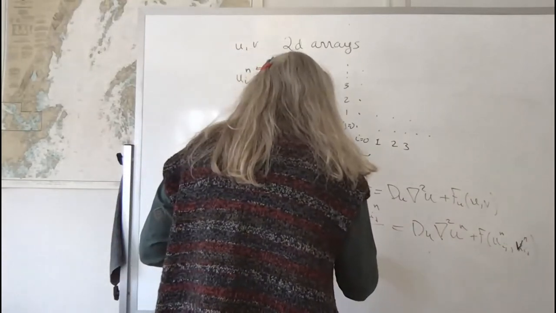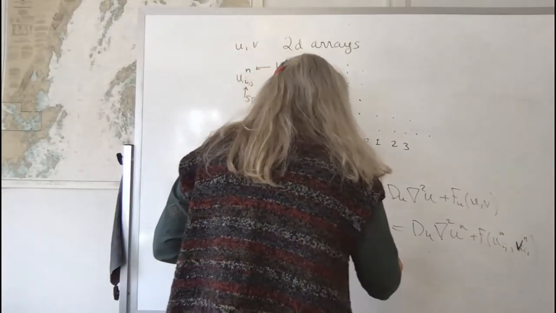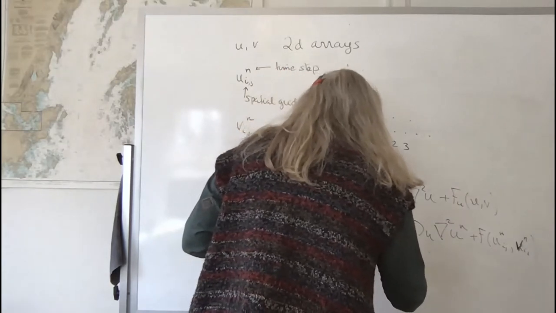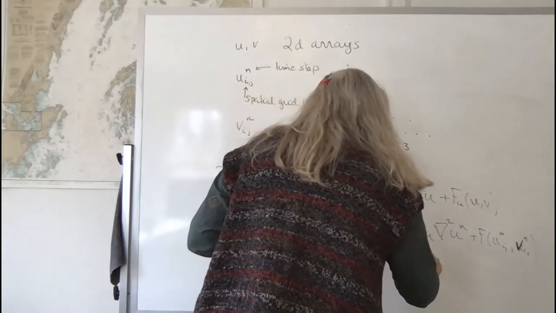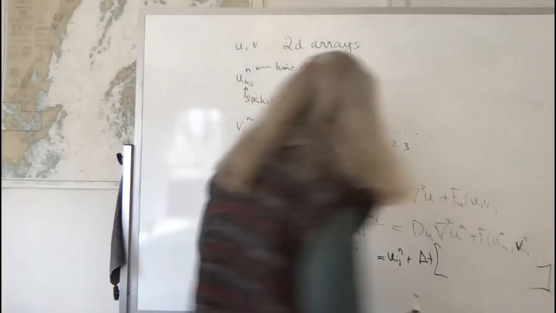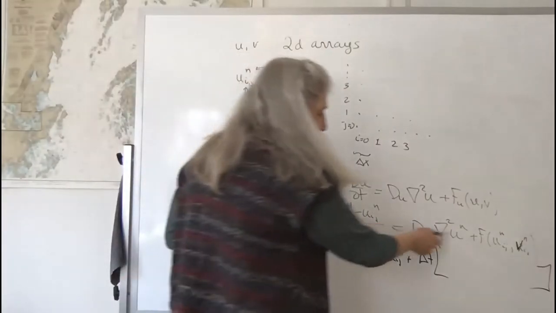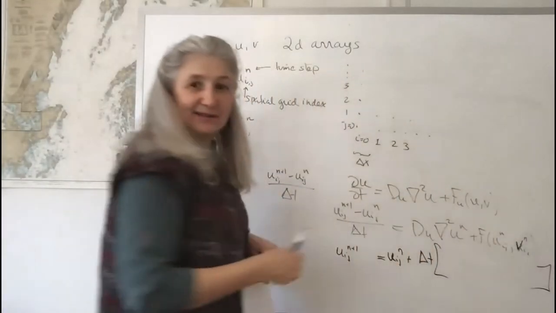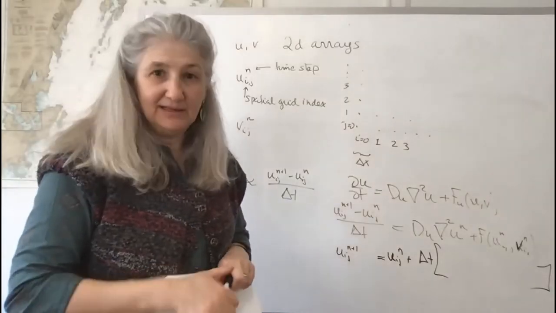So u_ij of n plus 1 is equal to, move this onto the other side, plus delta t times this whole thing. Okay. So once I decide what's in here, it's pretty clear how I'm going to update the grid.